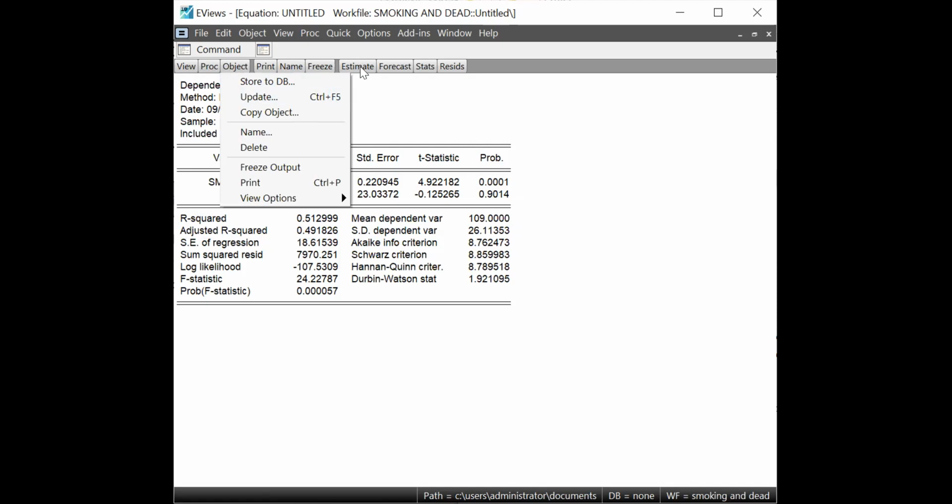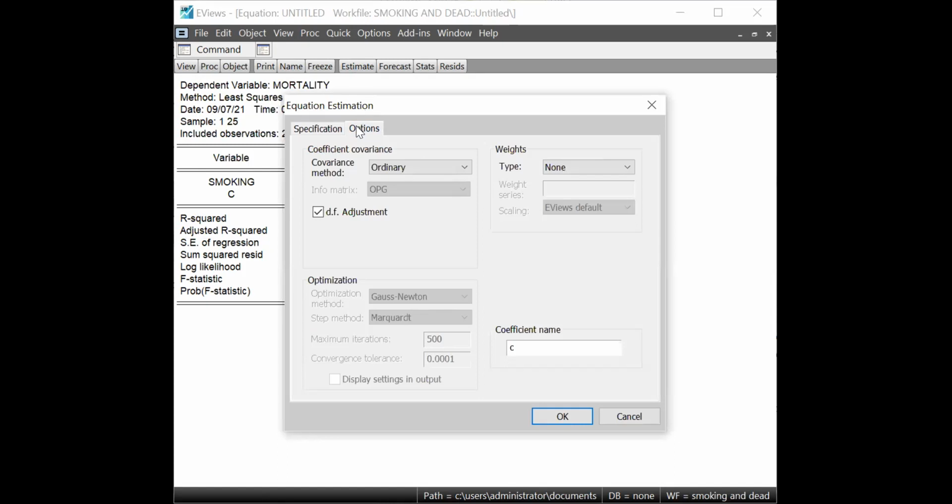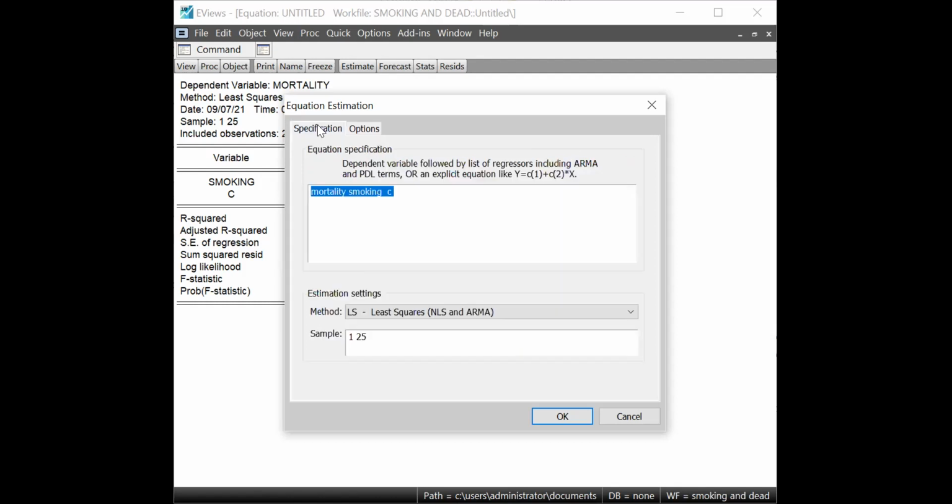If you click here Estimate, you can re-estimate again. The coefficient covariance method is ordinary least squares. Weighted: no, which is selected here.